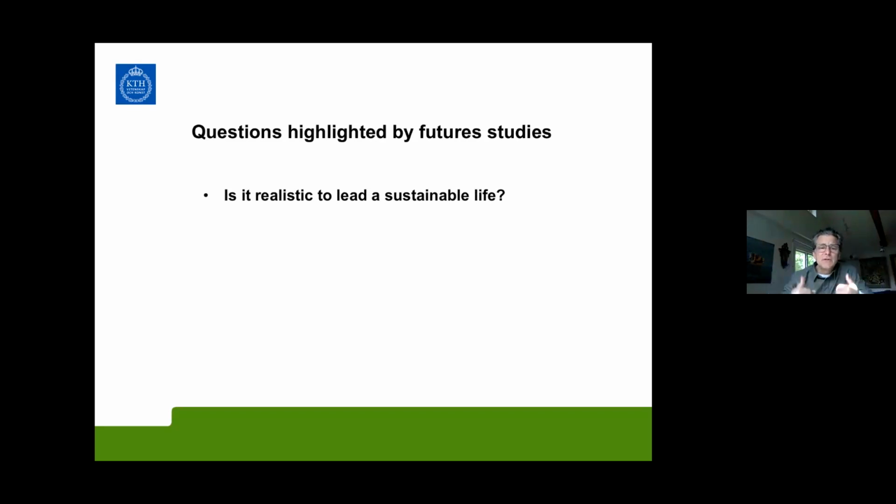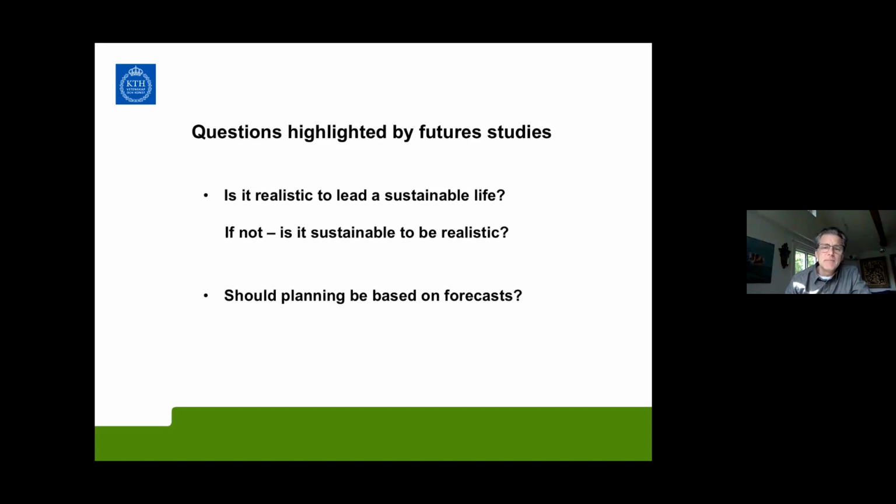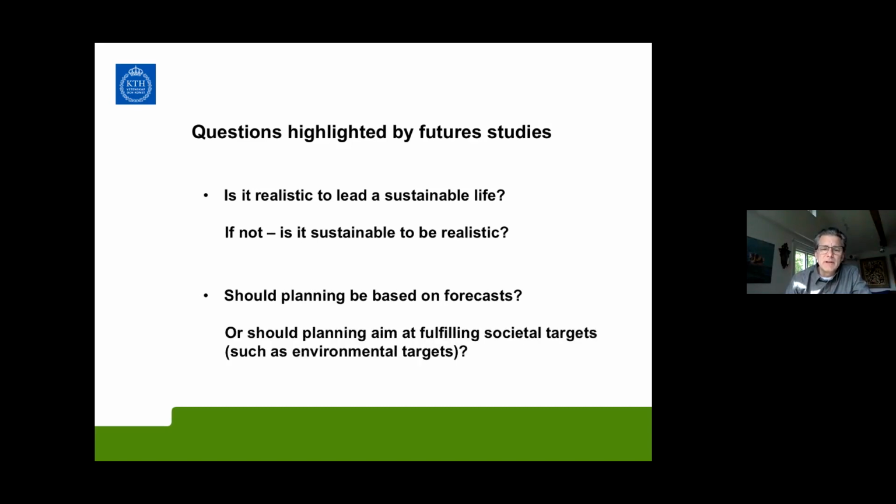And then you often get the reaction that, well, it's not realistic to get to that point. But then you also need to ask yourself, if that's not realistic, is it then sustainable to be realistic? Because what it says is also that the realistic path will not be sustainable. So this is a way of highlighting long-term consequences of what we are doing today. In a similar way, you can ask, should planning be based on forecasts, or should planning aim at fulfilling societal targets?